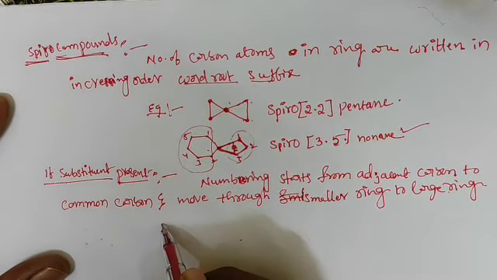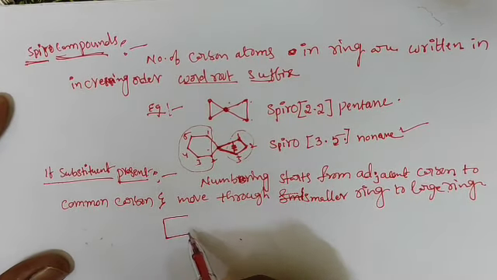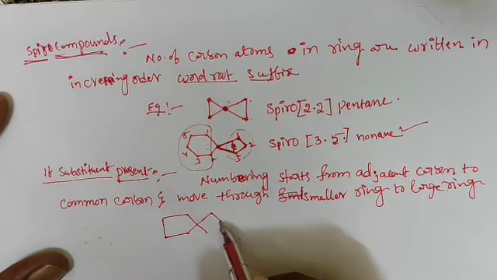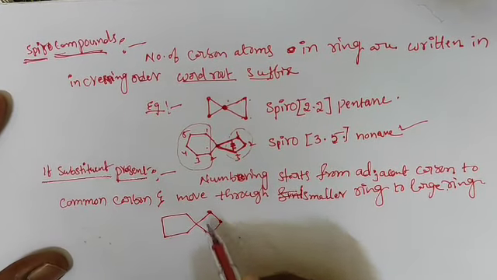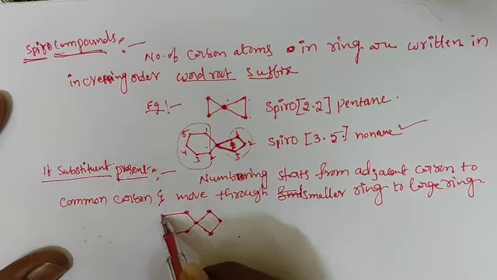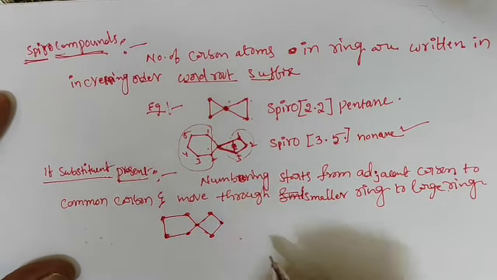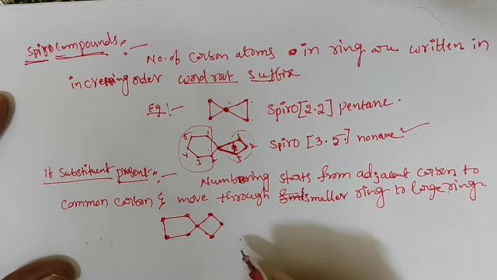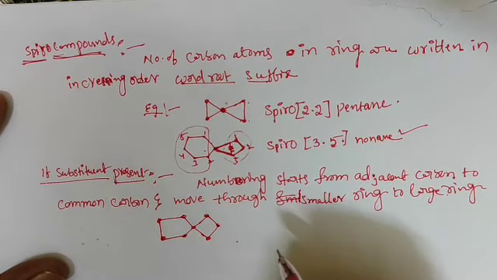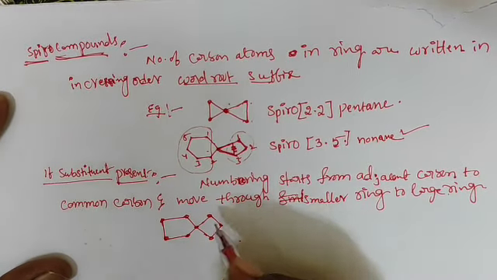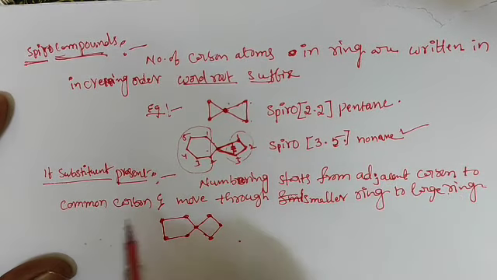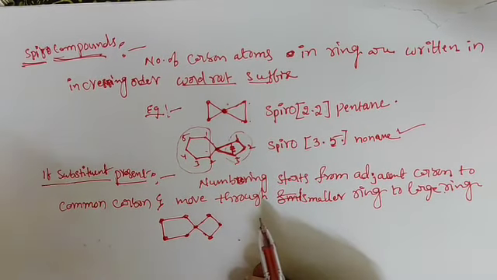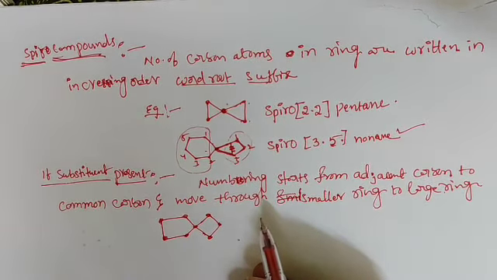So I will give one example. So this is the example. Here one carbon, here one, here one, here one, here one, here one. Like this carbon atoms is there. So for this compound, according to this, numbering starts from the adjacent carbon to the common carbon.